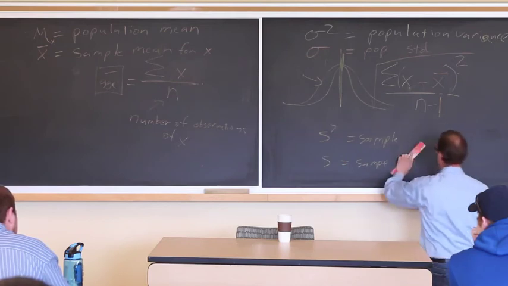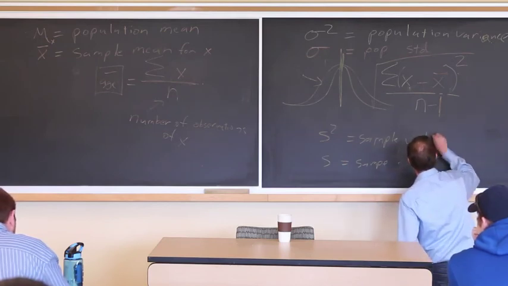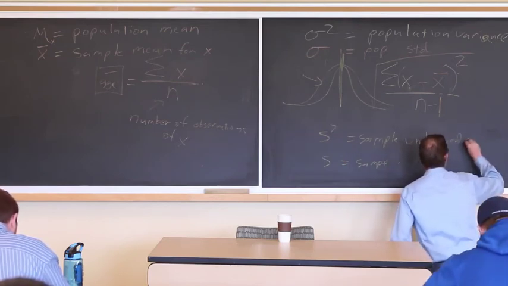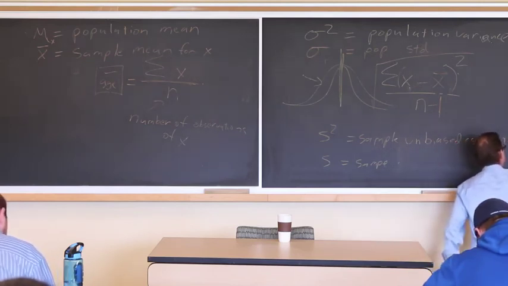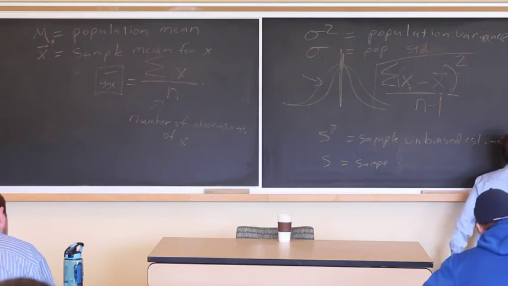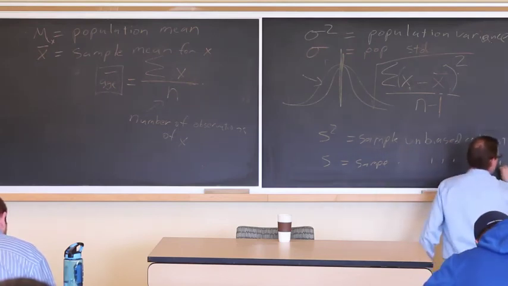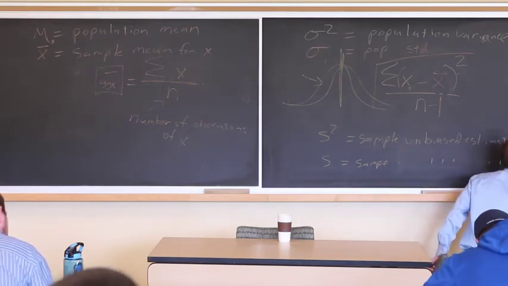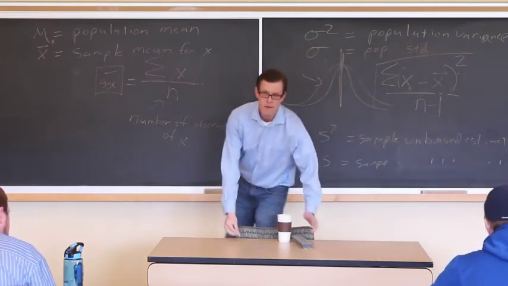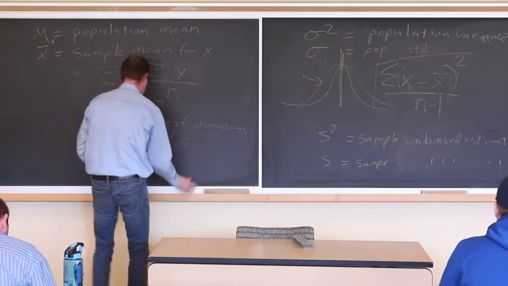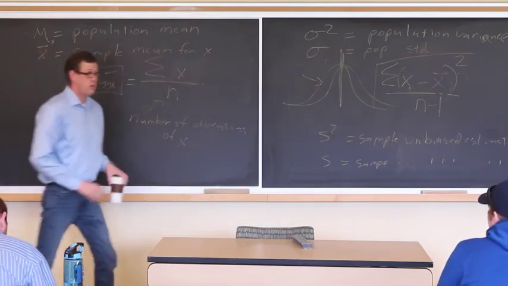I'm going to say sample unbiased estimate of population variance. Pop var. Same thing, except pop standard deviation.